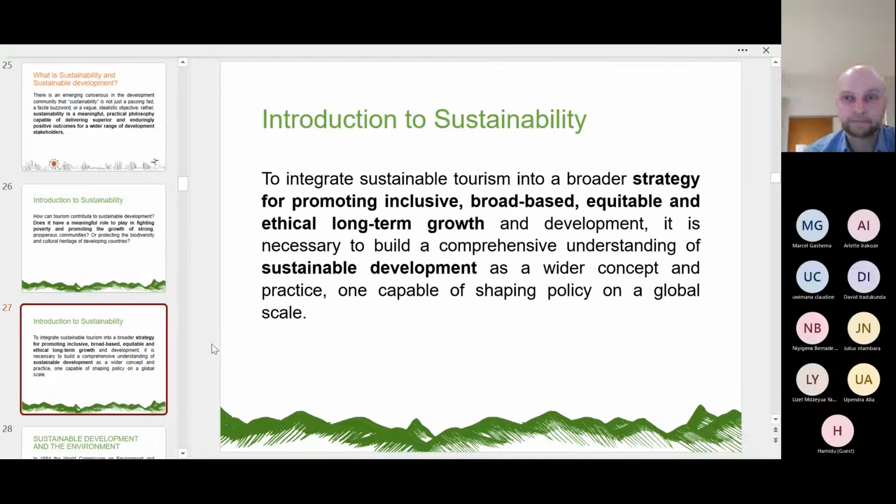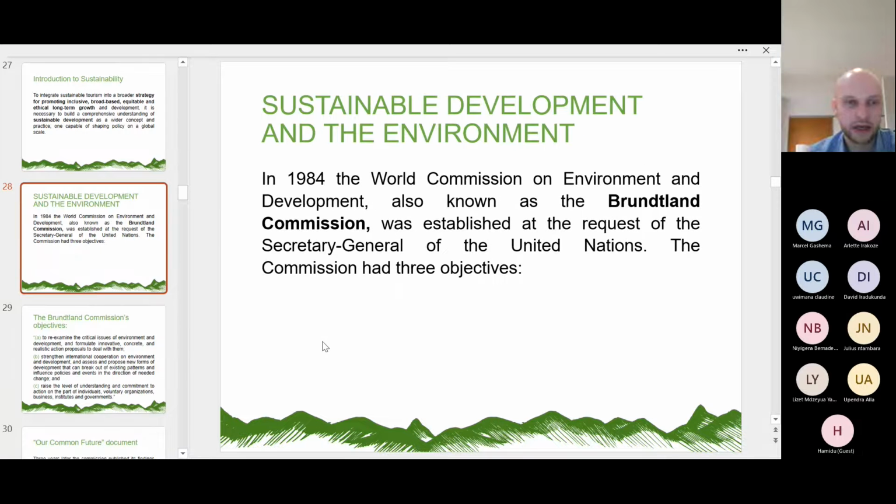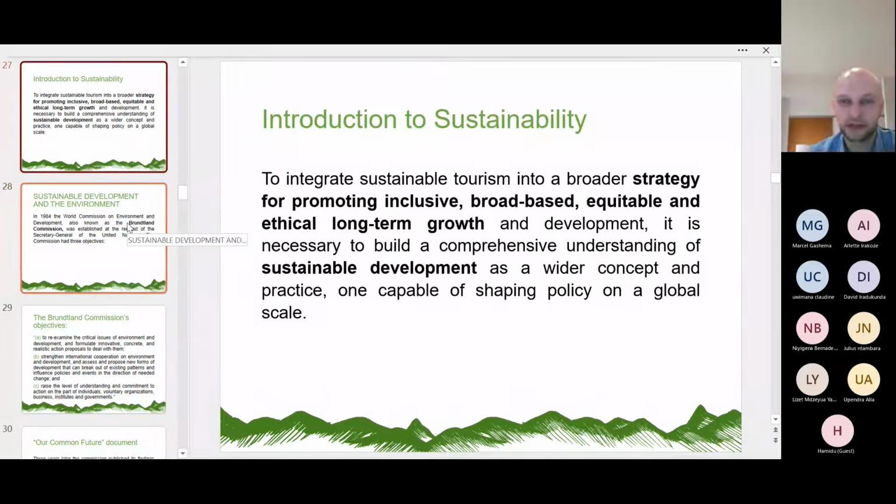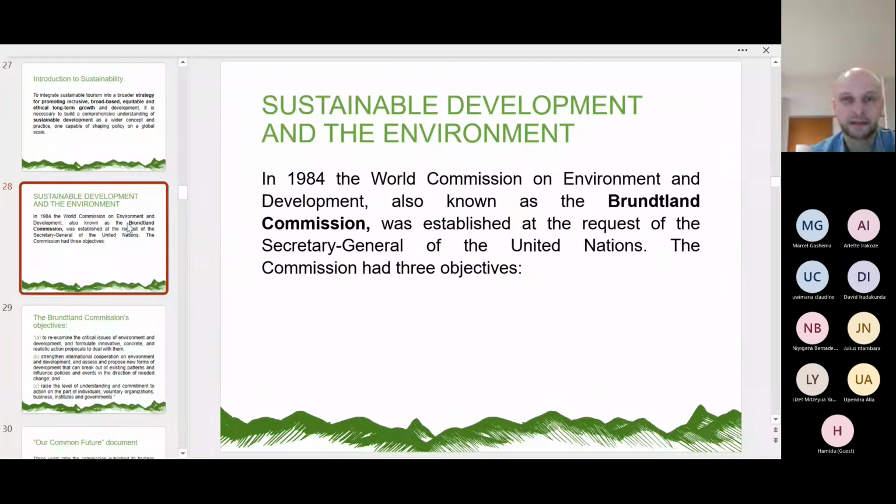So, to understand what sustainability is, we need to trace the roots of sustainable development. Sustainable development was introduced in the Brundtland report.